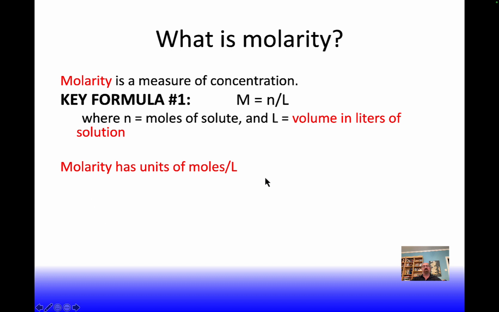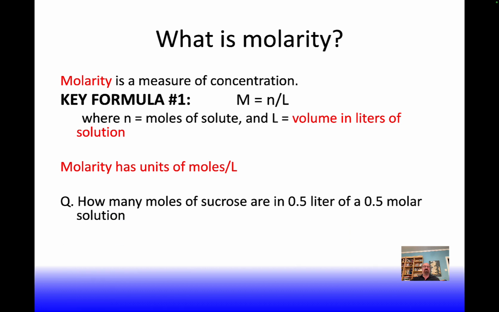So molarity has the units of moles per liter, but we abbreviate moles with a little n, and we abbreviate molarity with a big M. So if we have a 5 molar solution, 5 with a big M after it, it means there are 5 moles of whatever the solute is per 1 liter of the solution.